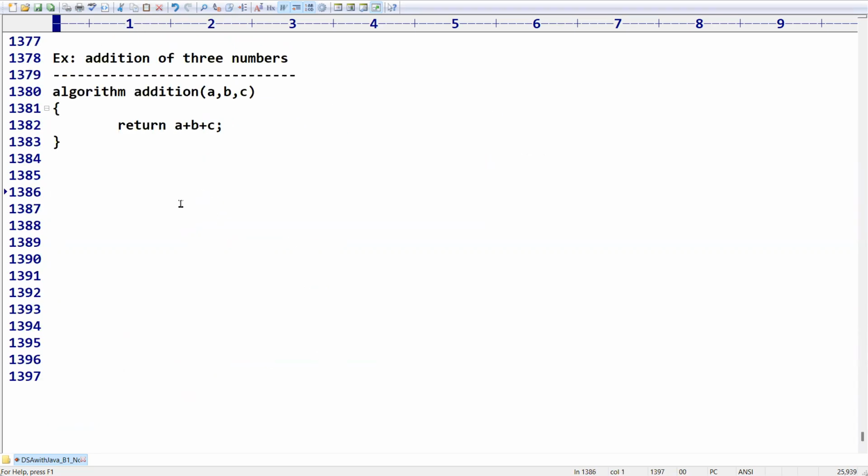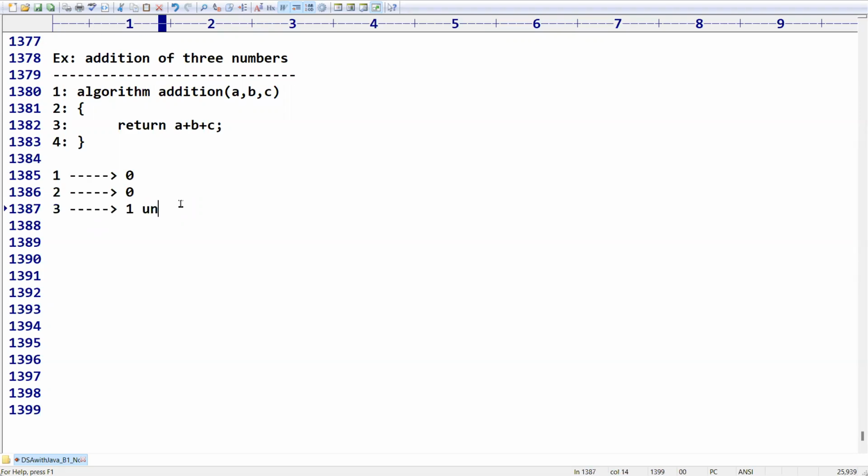Sir, what is the time complexity? I will consider this as the first line, this as the second line, this as the third line, this as the fourth line. The time complexity for the first line is 0. For the second line, it is 0. For the third line, how many units? 1 unit.